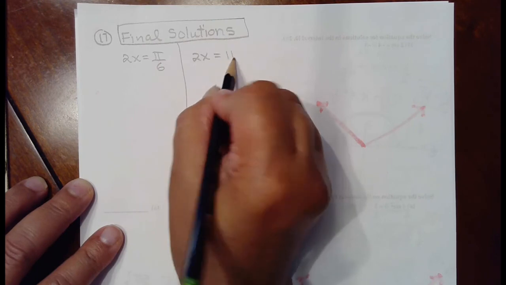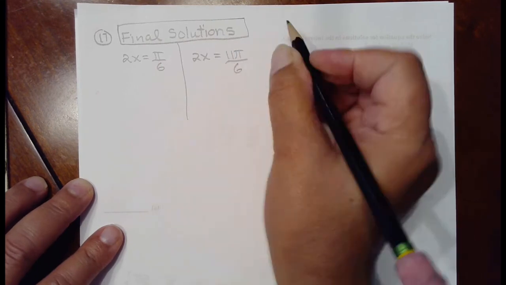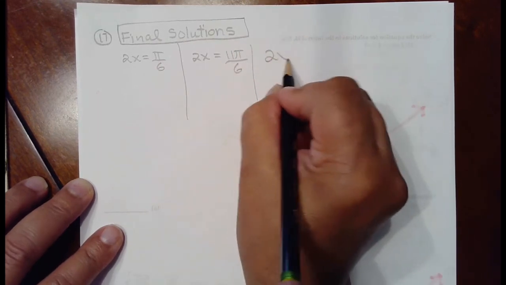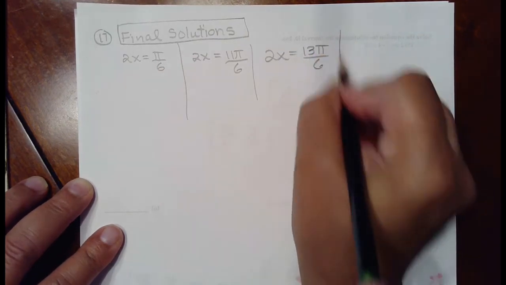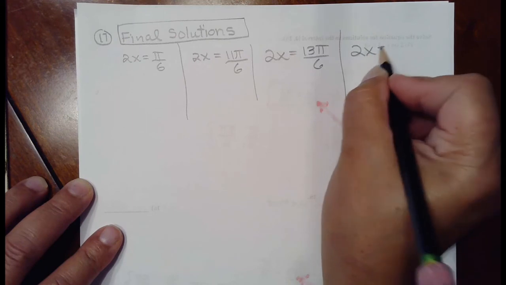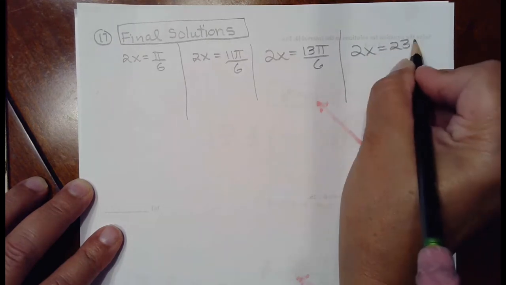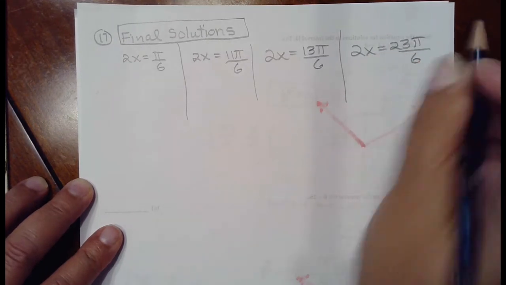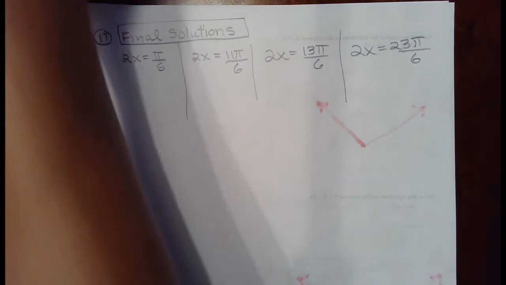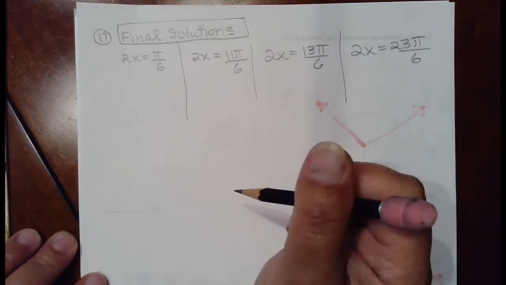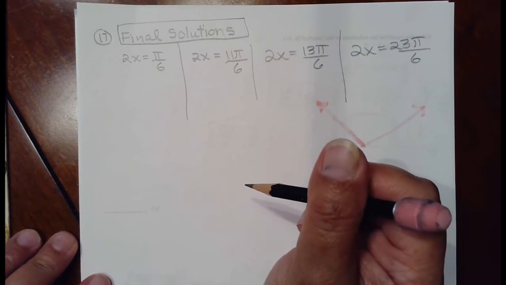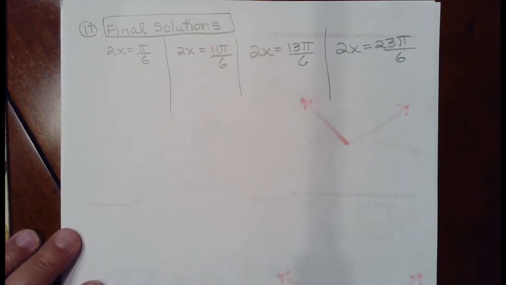Okay, so what we're going to do here is solve for x. So divide by 2. Dividing by 2 is the same thing as multiplying by 1/2. So you can do it this way on this side just for convenience. But on this side, because it's a fraction, instead of dividing by 2 and then flipping, just know that division by 2 is the same thing as multiplying by 1/2.